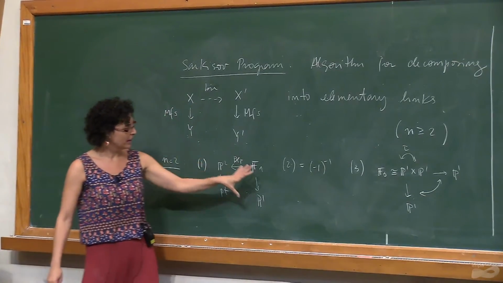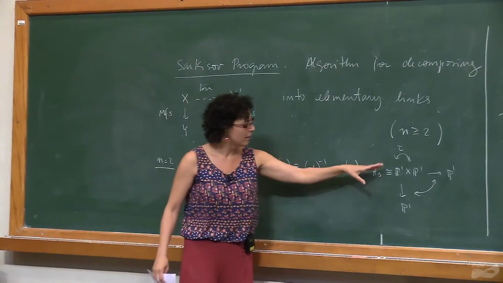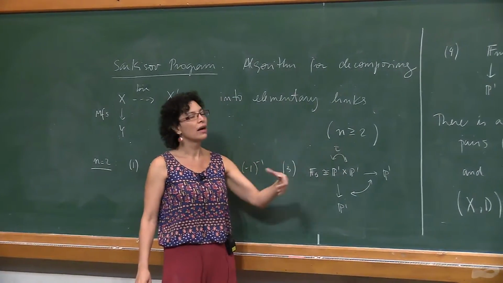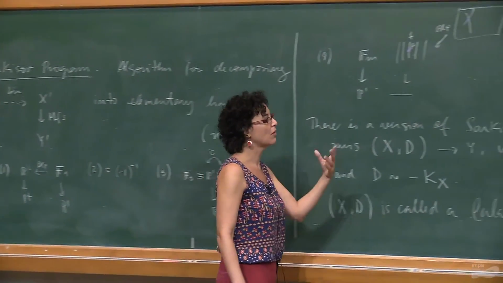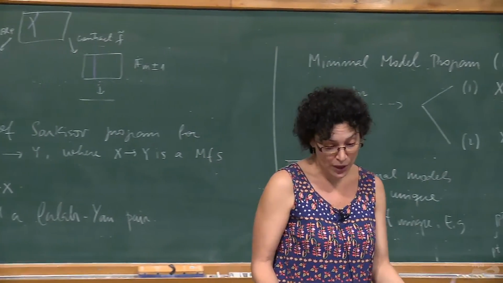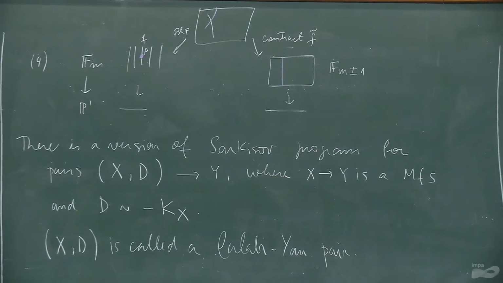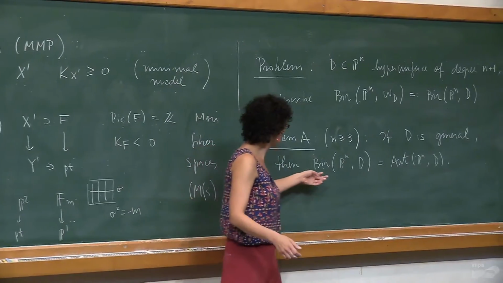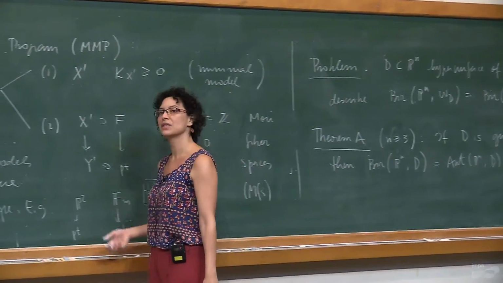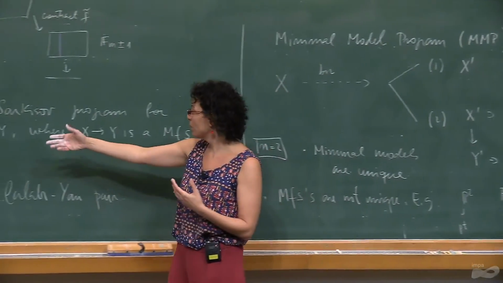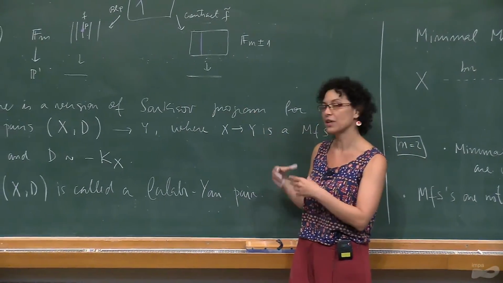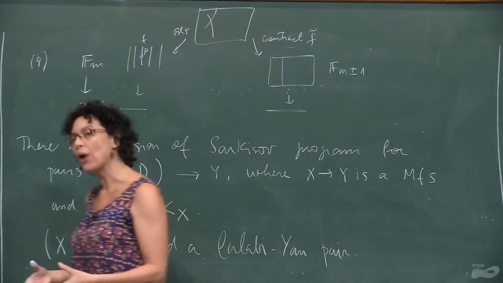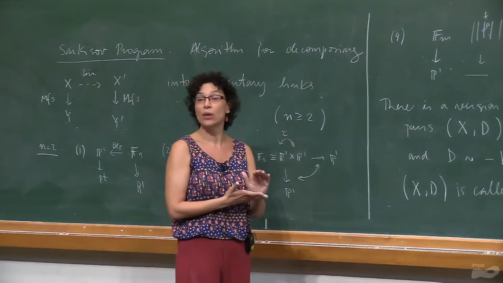So here, all these maps that are part of the links are volume-preserving for appropriate choices of D. Unfortunately, I cannot give you the details, but what we do in the proof of both theorem A and theorem B is to suppose that we have a non-trivial birational map of Pn to Pn that preserves D, then it must be decomposed into elementary links in the sense of Sarkisov, and then we actually put our hands on what the possible links are.